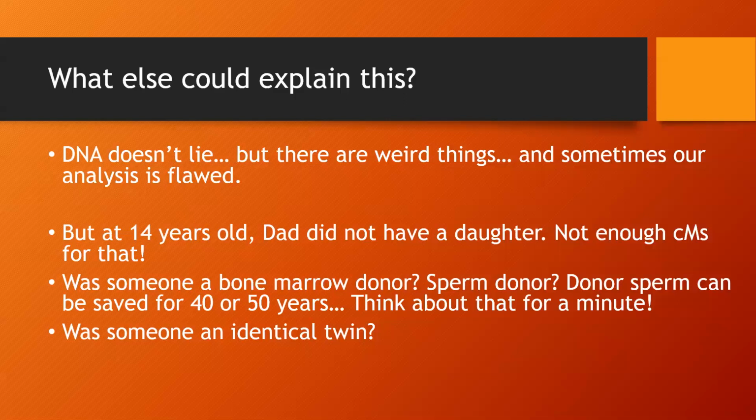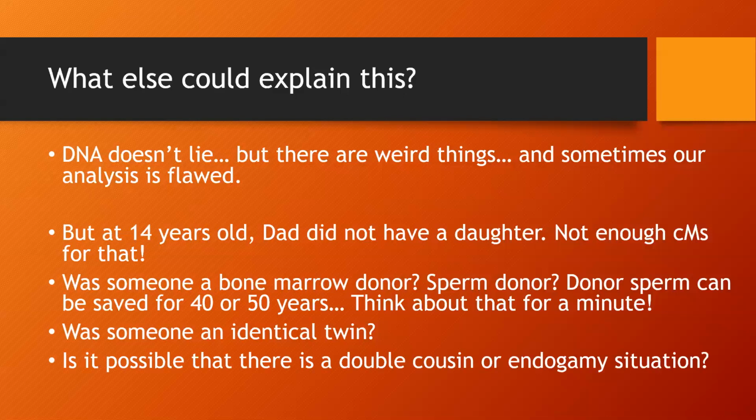I've worked a case where one of those twins was handed off to another family and adopted out, and the mother never knew, and the father was in the waiting room. So there are some strange things that happen. I'm not saying that's a common thing. It's just something to consider.